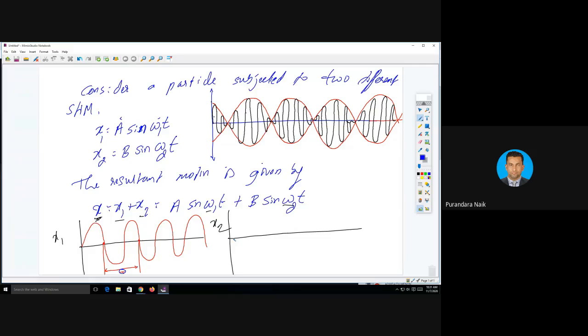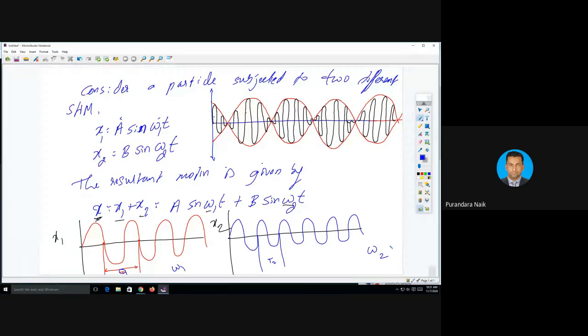I'm going to take the curve like this, with a little bit smaller frequency. See, this t is different. This is t1, this is t2. T1 and T2 are not the same, but in the addition of two SHM of the same frequency, T1 and T2 are the same. But here they are different, that's why omega 1, omega 2. You know the relationship between T and omega, right? It is correlated.